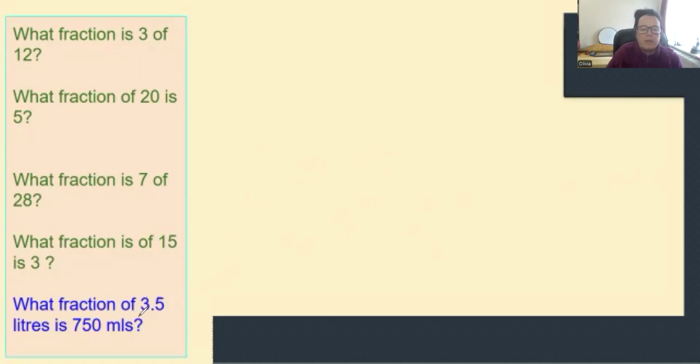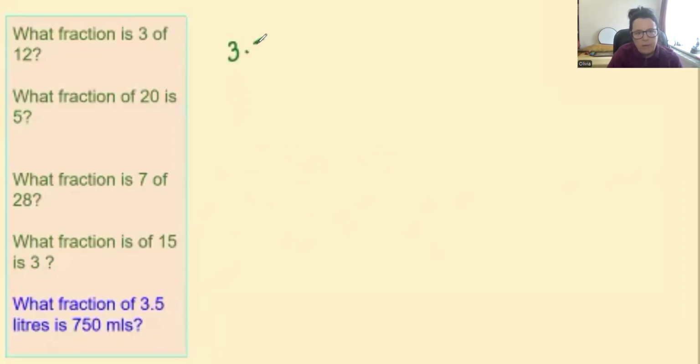Now let's go down to what we were aiming to do, the last one here. What fraction of 3.5 liters is 750 milliliters? Now, before we do anything, I noticed that my units are named differently.